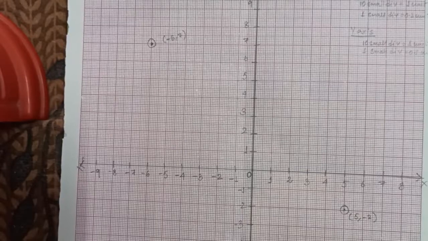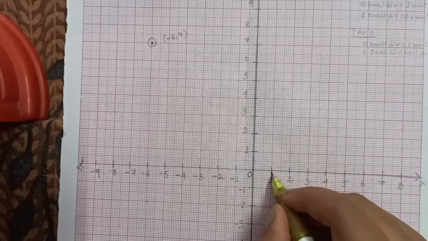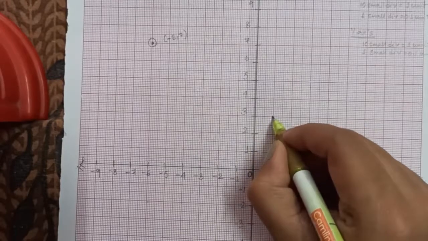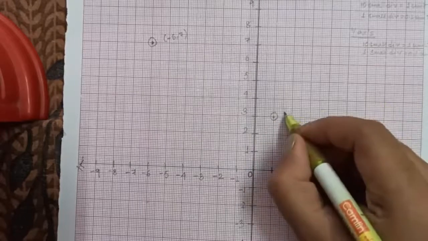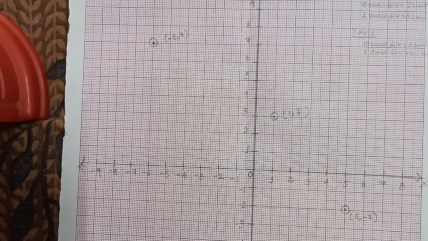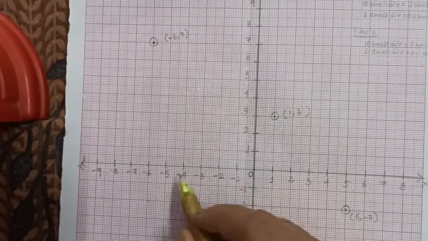Now next is 1 and 3, right? 1 and 3. So this point. Now I'll write 1, 3. Last one is minus 4, minus 3. Right? Both the numbers are negative.